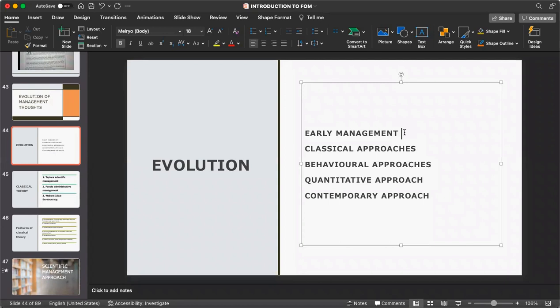Now, talking about all these approaches, the different eras are as follows. Early management is before 1911. The classical approach runs from 1911 to 1947.